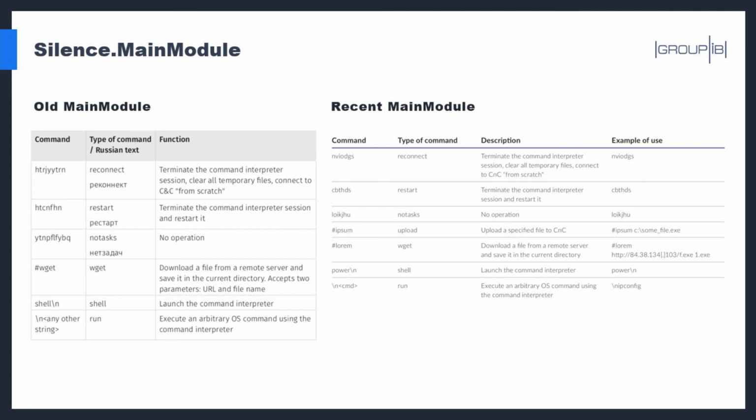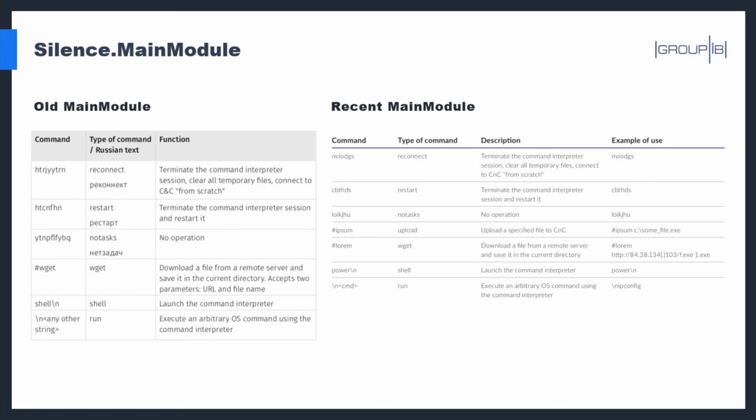In the old main module, Russian transliteration words were used, and in the recent main module, they replaced all commands with strings like NVO, DGS, IPSum, lorem, etc. So these sequences of characters don't have any meaning. Also, they added a command to upload files from the compromised machine to the command and control server. All other functionality remains the same.